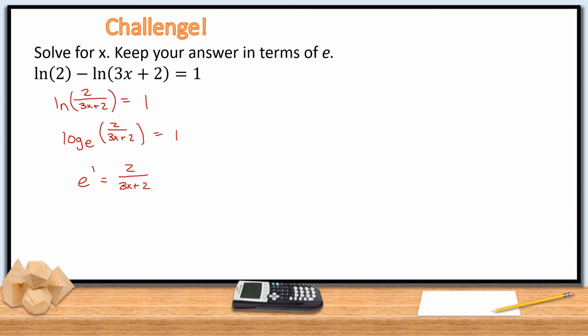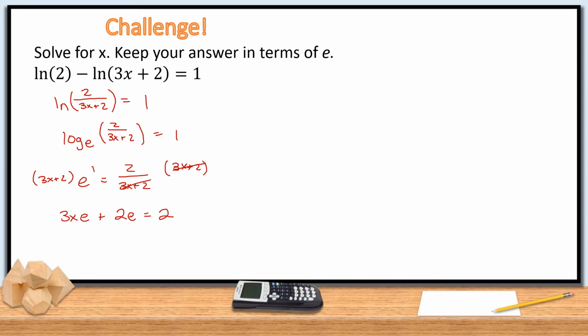So now we've gotten rid of the logs, we're back in exponential, and e to the power of 1 is just e. So we're able to work with that. We're trying to solve for x, so we've got to get the x out of the denominator. Multiply by 3x plus 2 on both sides. So then 3x plus 2 times e is 3xe plus 2e is equal to 2.